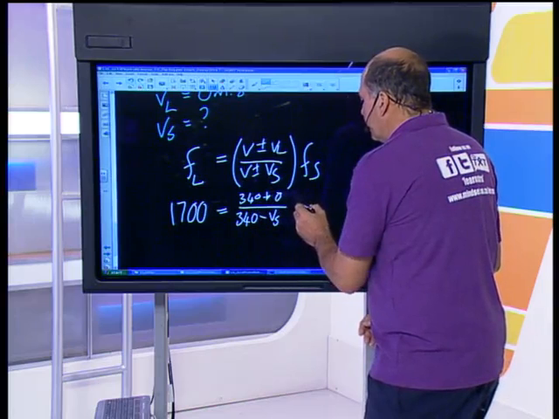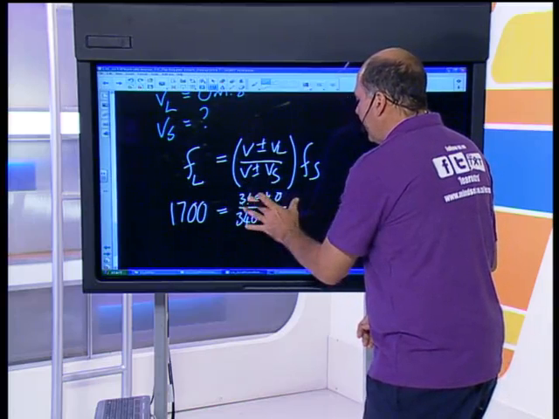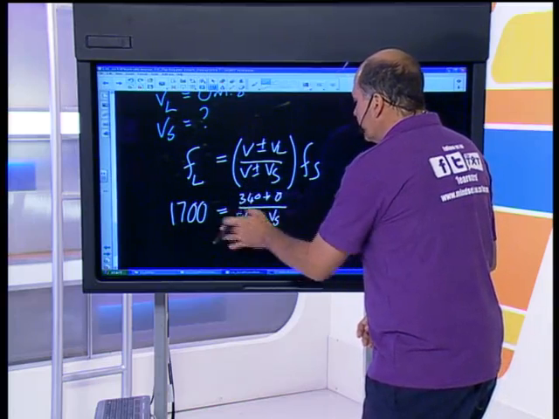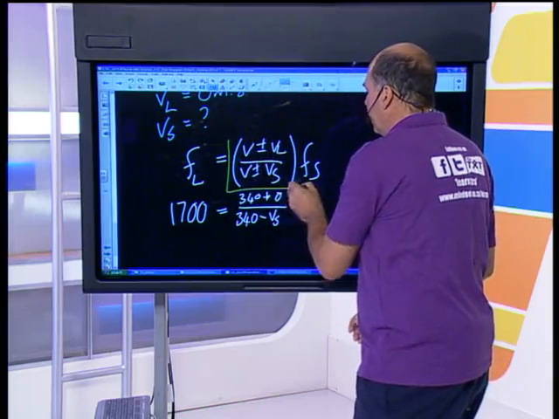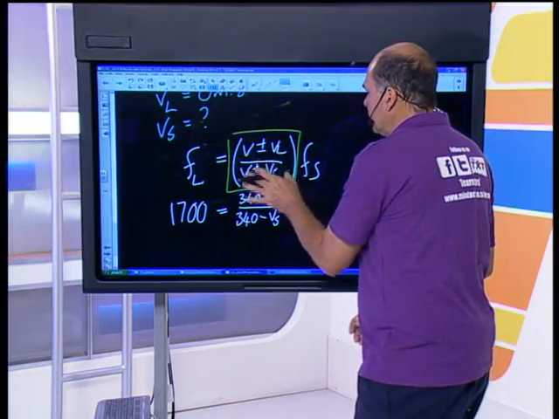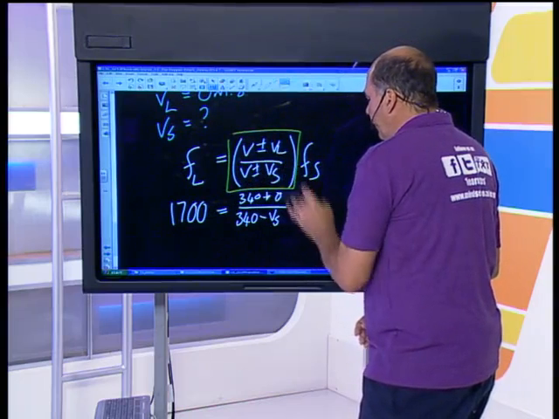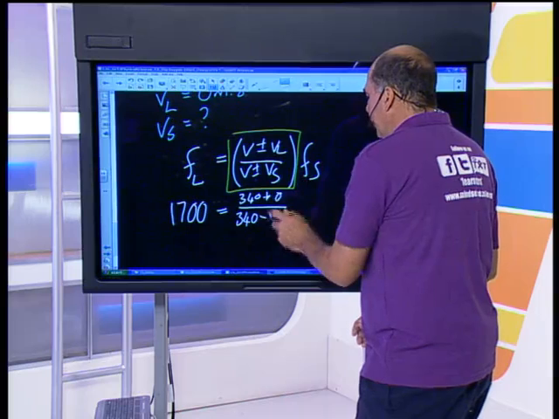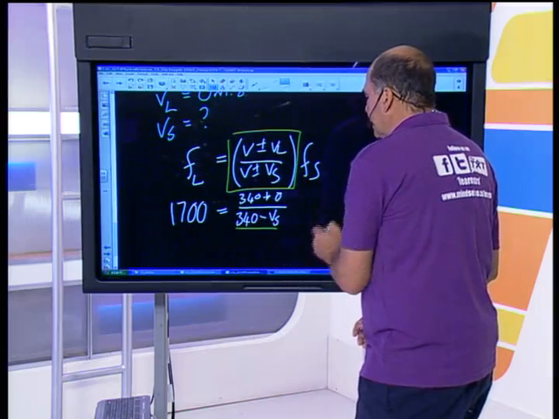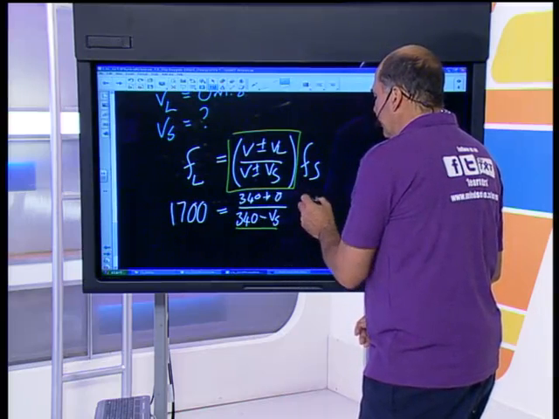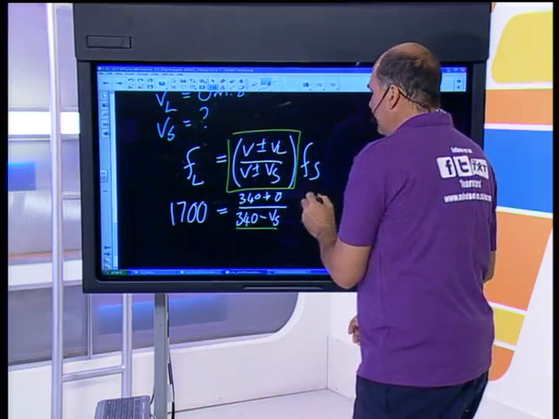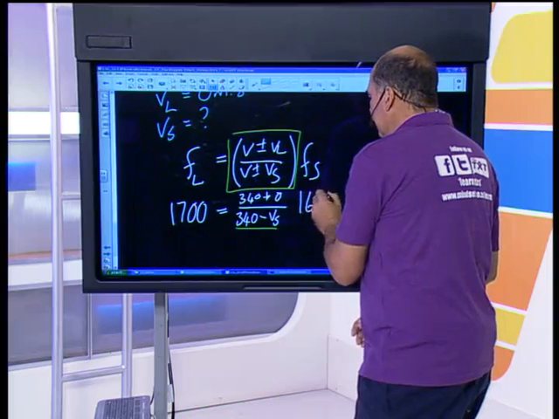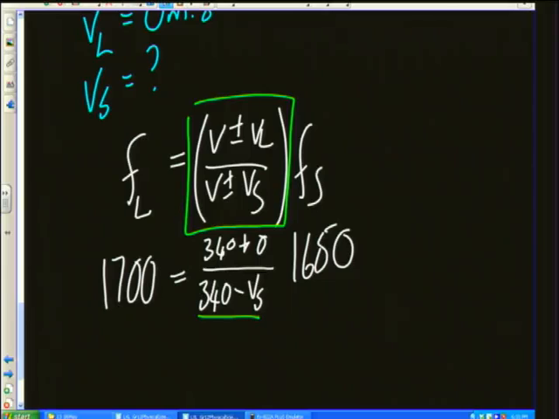Otherwise, it's not going to work, because we want this denominator to be smaller so that this factor, remember our green thing over here, must be bigger than 1. To make it bigger than 1, we must make the denominator smaller than the numerator. So, what was the frequency of the source? Let's fill that in. We know it was 1650.